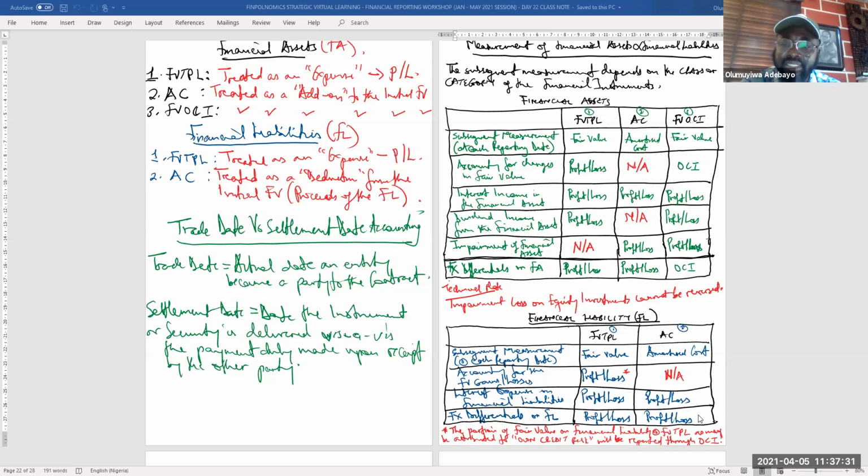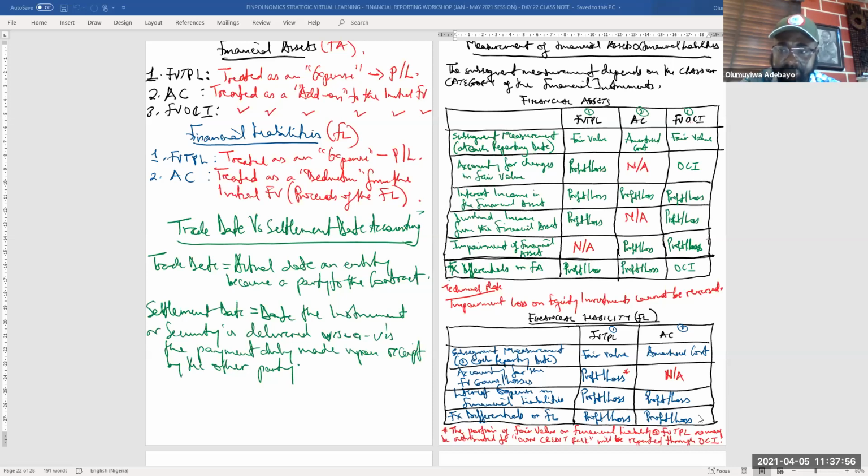But if the gain is partially attributed to something unique to the financial liability, such as the quality of that security in the hands of the issuer, such will be deemed to have been attributed to own credit risk.